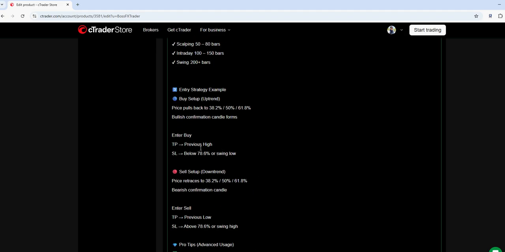In the buy setup, you can set the SL, or stop loss, below the 78.6 or the swing low, and then the TP is the previous high, the previous high of the candle.